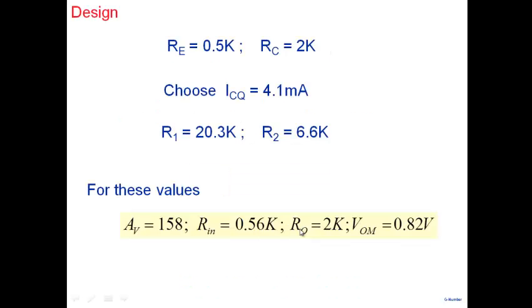And with that, you can then go ahead and find out all the other values. So you can choose RE, RC, R1, and R2. At this point, when you do the design, of course, you're going to get numbers like 2.3 and 6.54 and things like that.